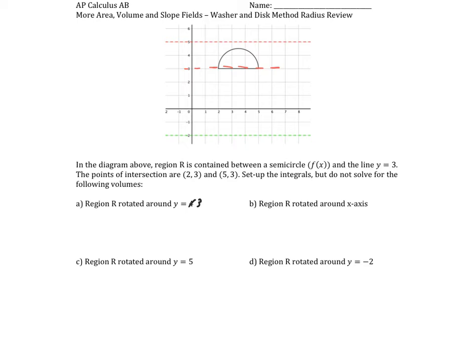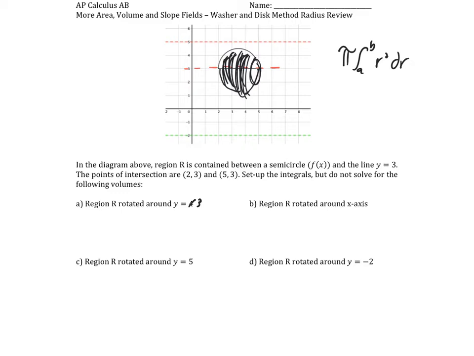So if you think about actually rotating it, you're going to be coming down here, and you're going to be getting kind of like a sphere, just rotating around, which means its cross sections, or its slices, are going to be disks. So if you remember, our general formula for disk was pi times the integral from a to b of r squared dr. We had to identify what that radius was.